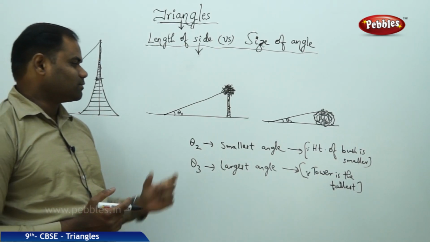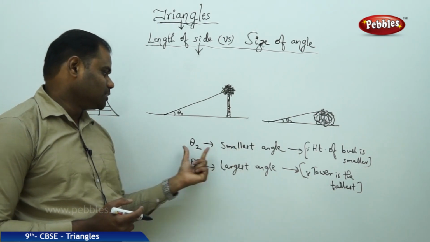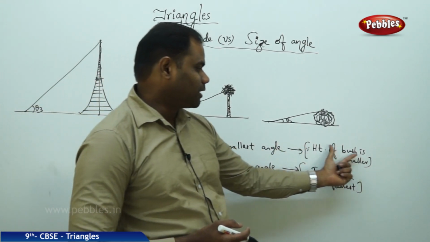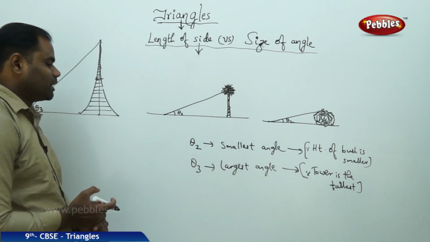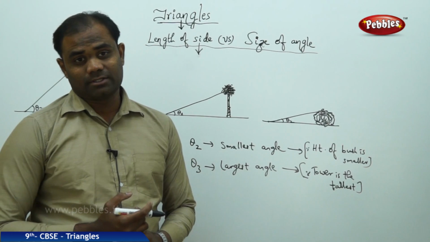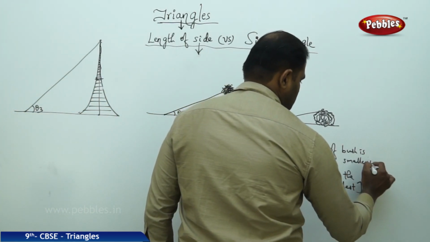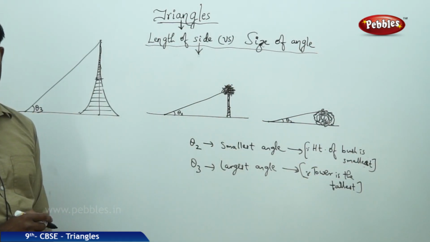Therefore, the least of all angles theta 1 and theta 2 and theta 3 is identified to be theta 2, which is the smallest angle, simply because the height of the bush is smaller, and theta 3, which is the largest angle, because the tower is the tallest and the bush is the smallest. That is how we understand the relation.